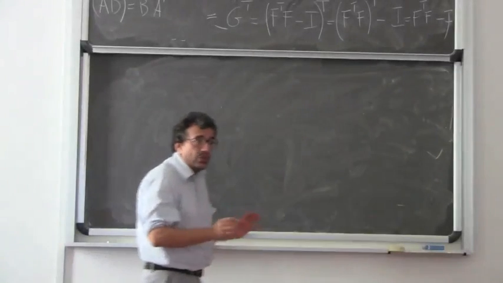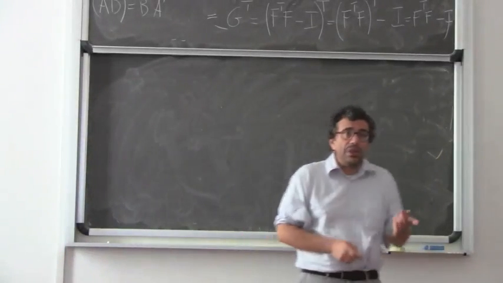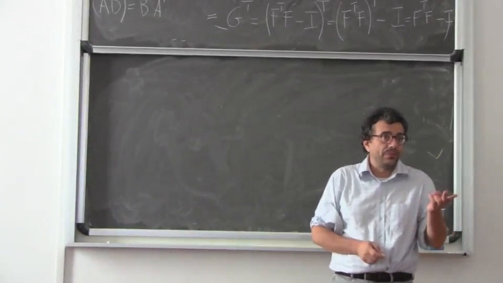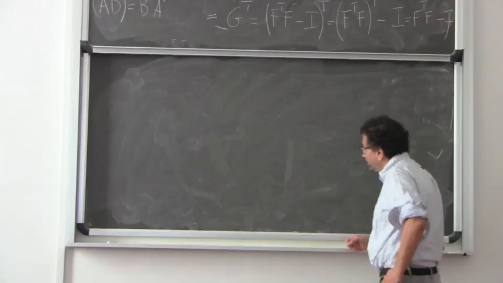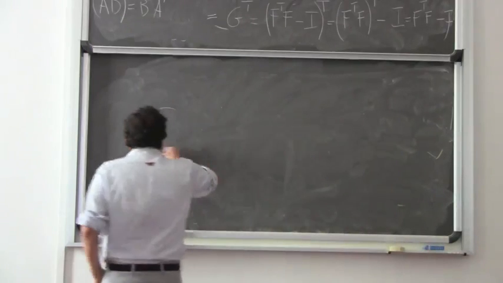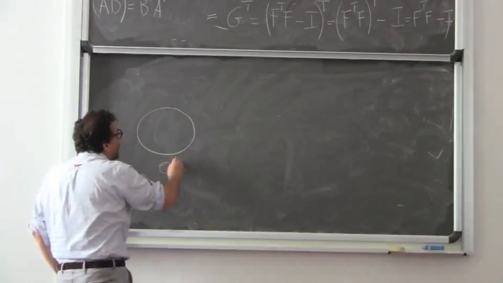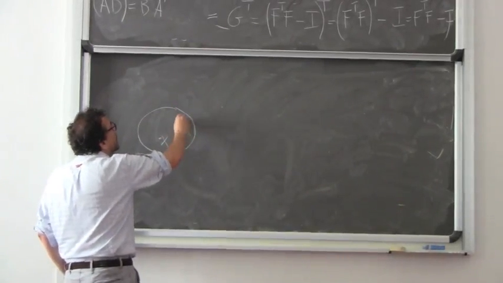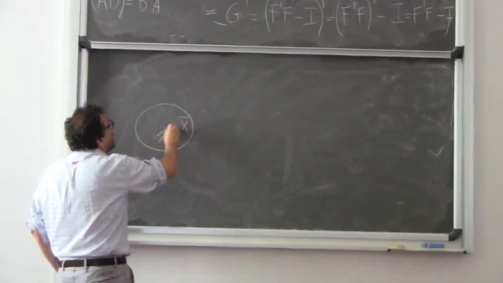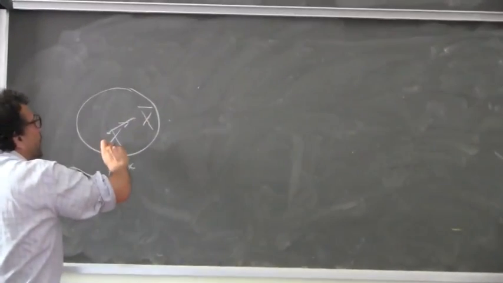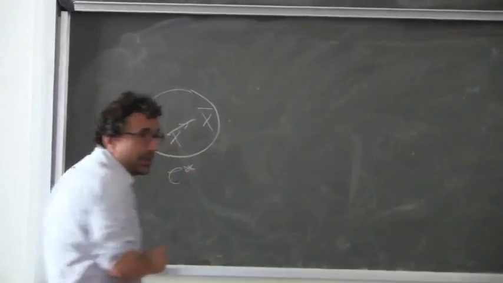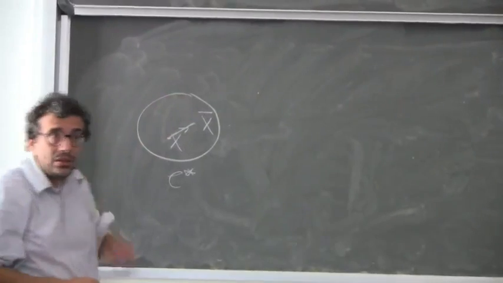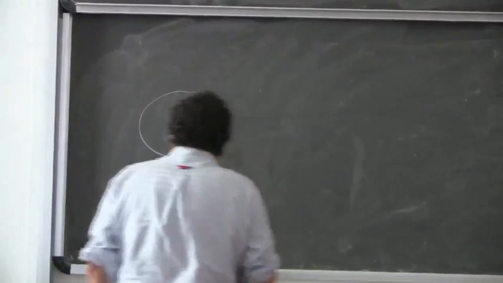We start with a vector. We have two kinds of vectors: material vectors and displacement. So, in the reference configuration, you have one material point, another material point, and the vector which goes from x to x bar, and this is a material segment or a material vector.